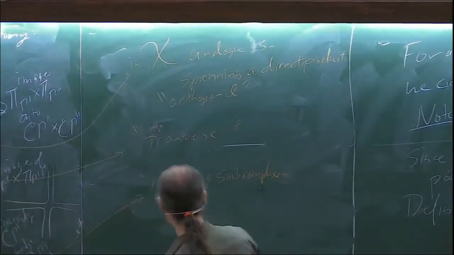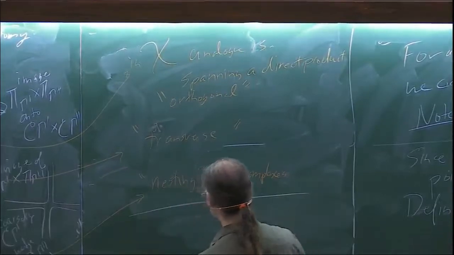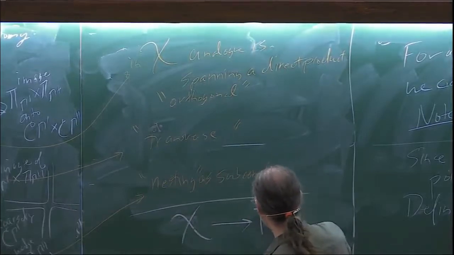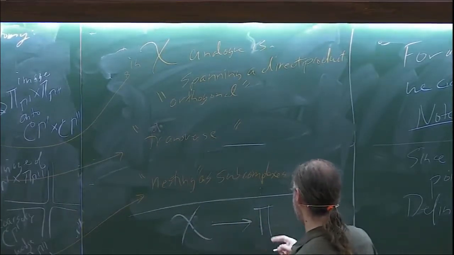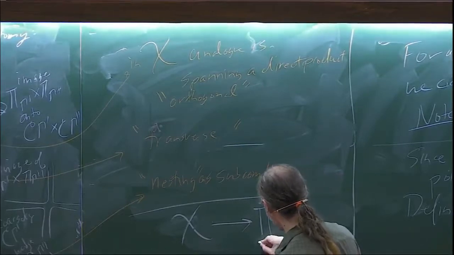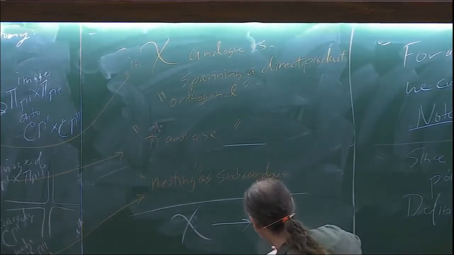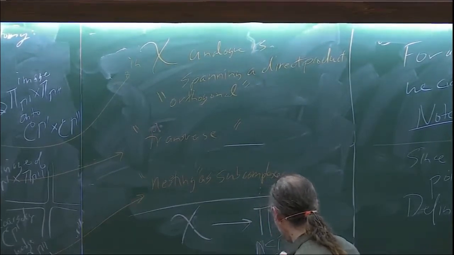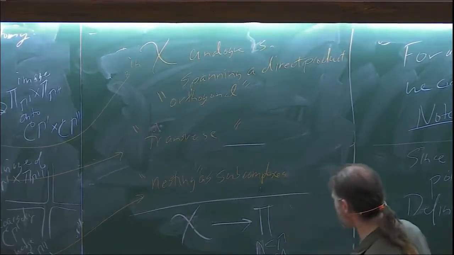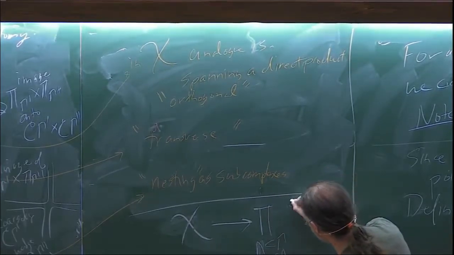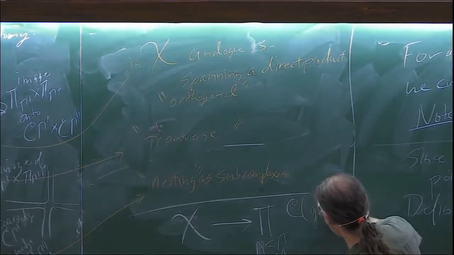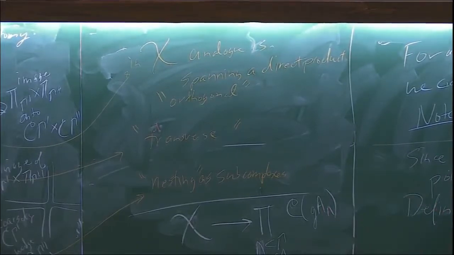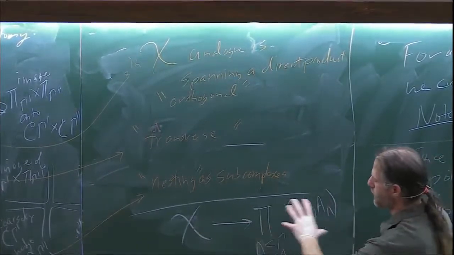Just like for the mapping class group, you could think of roughly this map which sends X into this product overall, lambda contained inside gamma, of the curve complexes C of A sub lambda. So you map into this product of all these curve complexes, just like with the mapping class group.